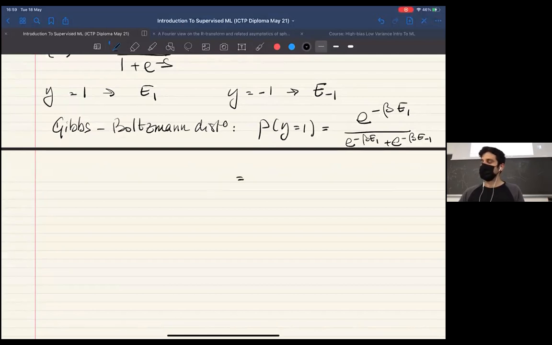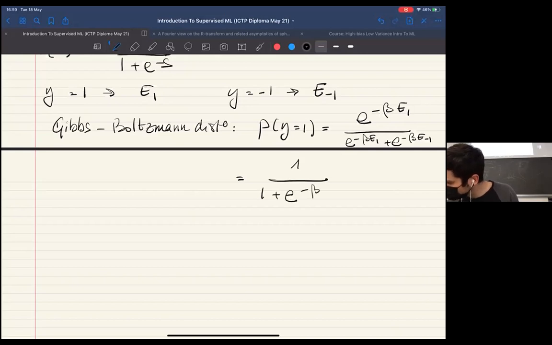And now if I divide the numerator and the denominator by exponential minus beta E1, I get 1 over 1 plus exponential minus beta (E minus 1 minus E1). And this is my energy difference between my two states.